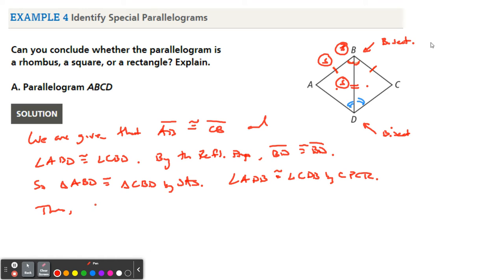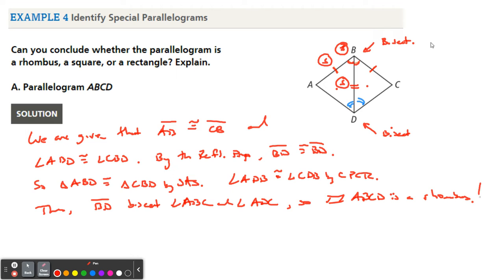Thus, diagonal BD bisects angle ABC and angle ADC, a pair of opposite angles. So parallelogram ABCD is a rhombus. And there you go. That's an exclamation point because I'm so happy it's a rhombus.